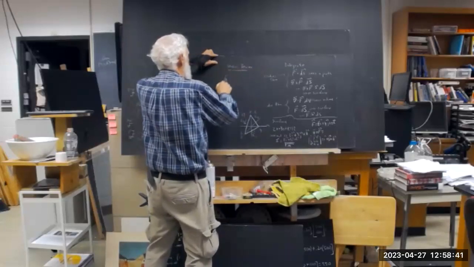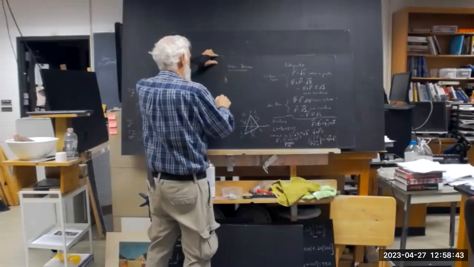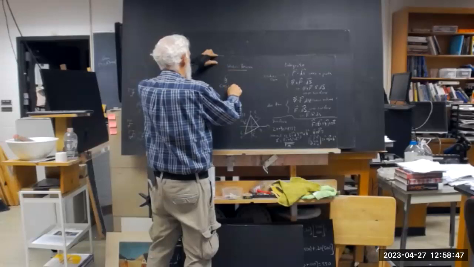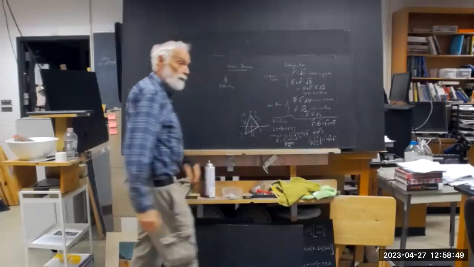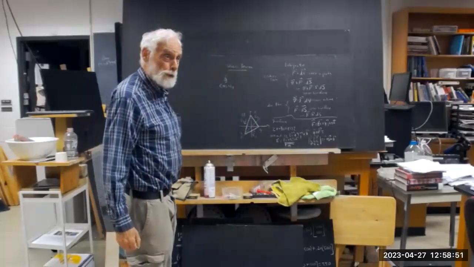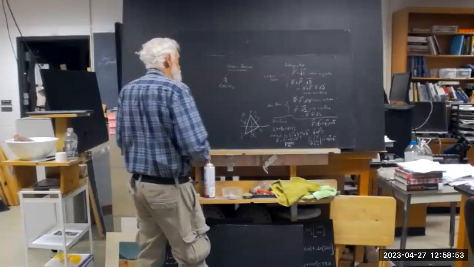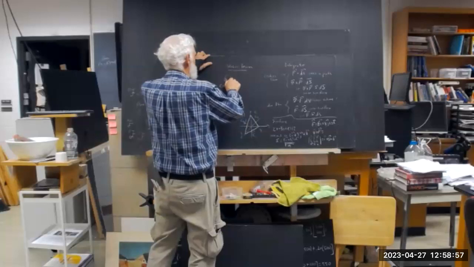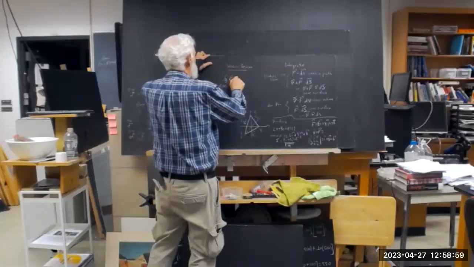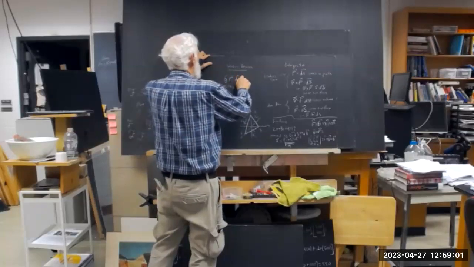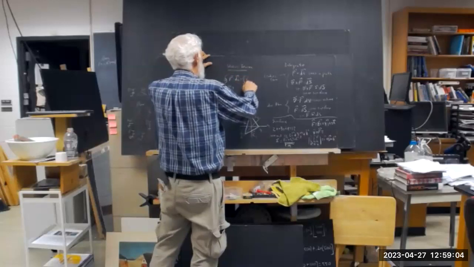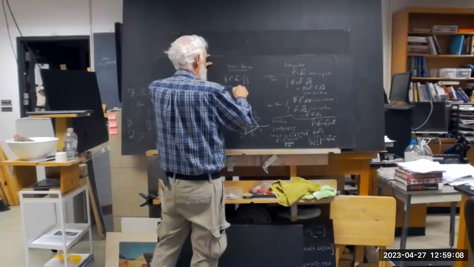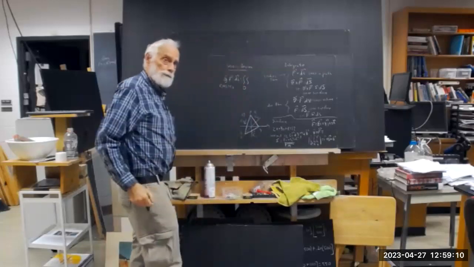The integral over the boundary, which I'll call C1 plus C2 plus C3, of F dot ds is the integral over the surface, and I think they use D for region.